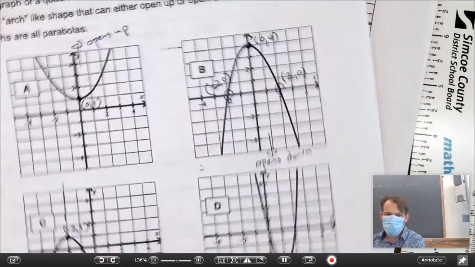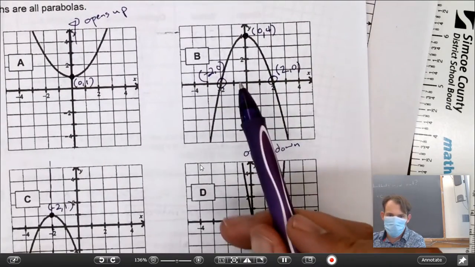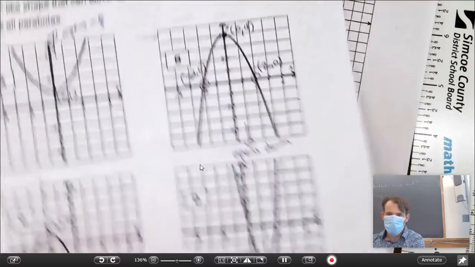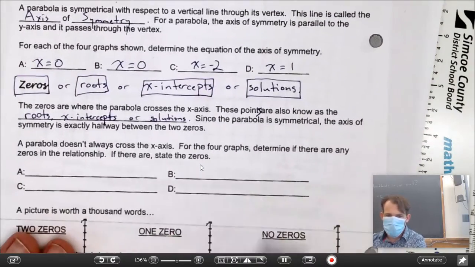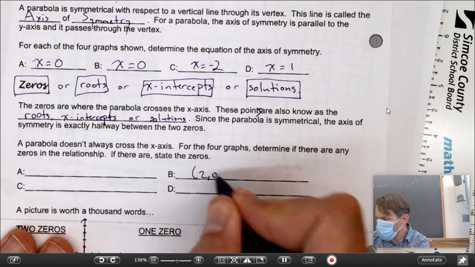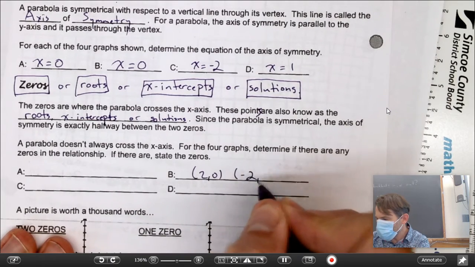There's my zeros for B, that's good. So B has zeros at 2, 0 and -2, 0.